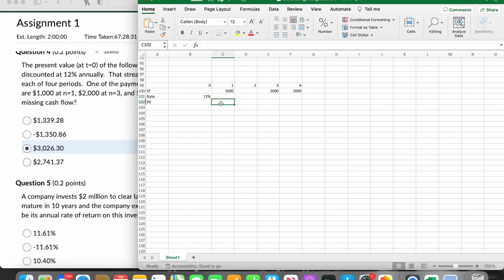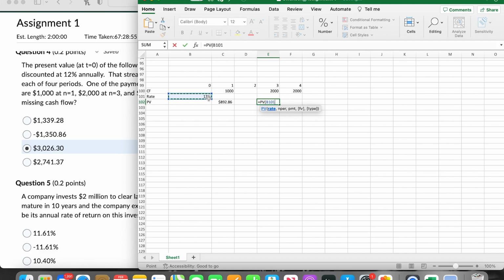All right. So now we need to calculate the PV amount. So equals PV, rate of 12%, 1 period, no payments, and negative 1,000. So $892.86.